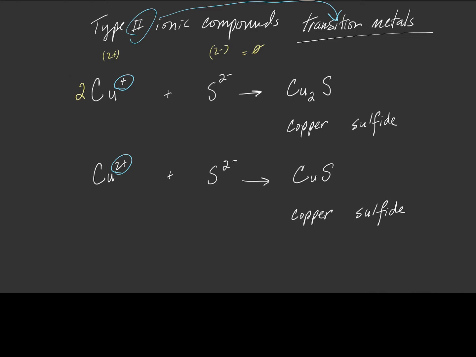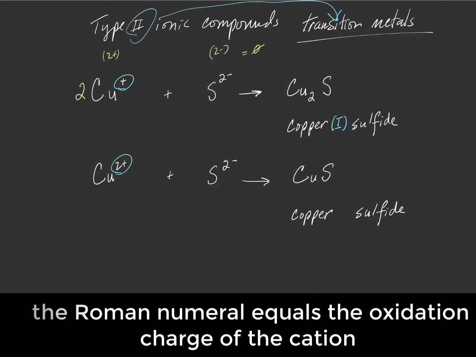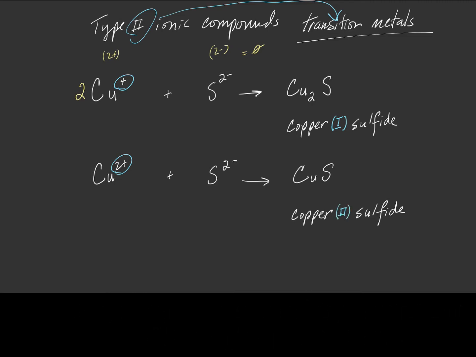The charge in the first example is a +1, so we put a Roman numeral 1. At the top, what we wrote was a balanced ionic equation for copper 1 sulfide. In the bottom example, there's a +2 charge, so we put a Roman numeral 2, and CuS we would name copper 2 sulfide.